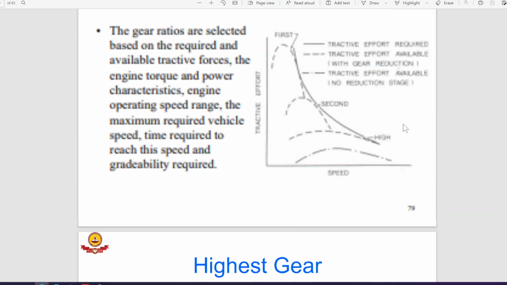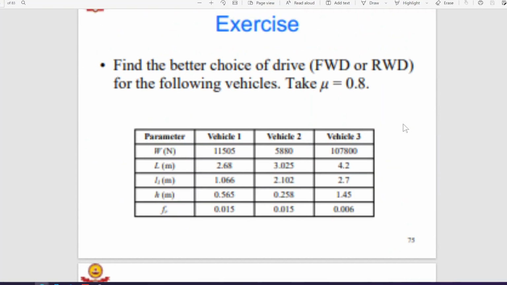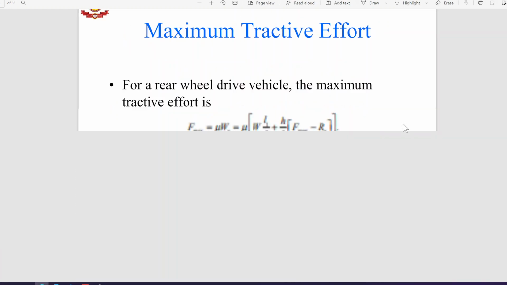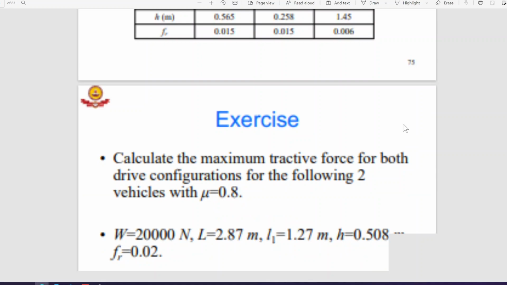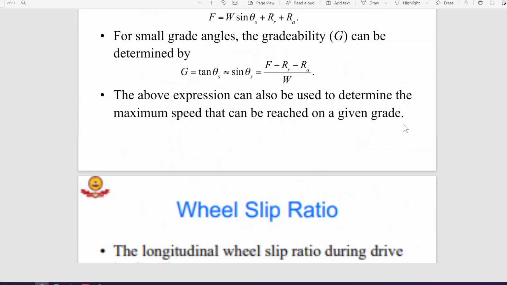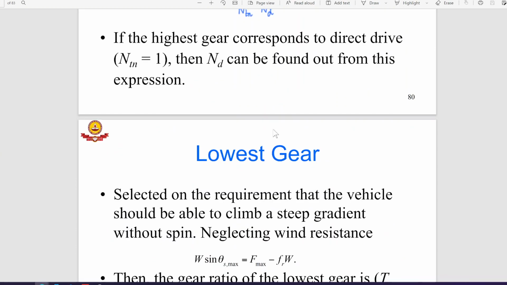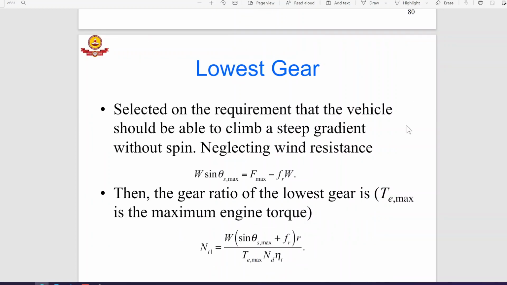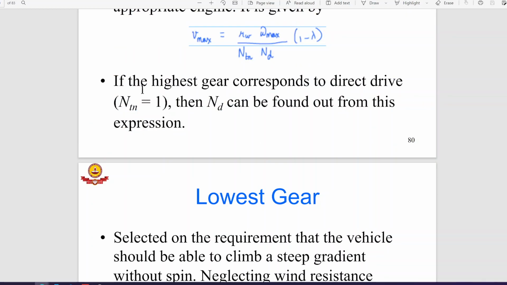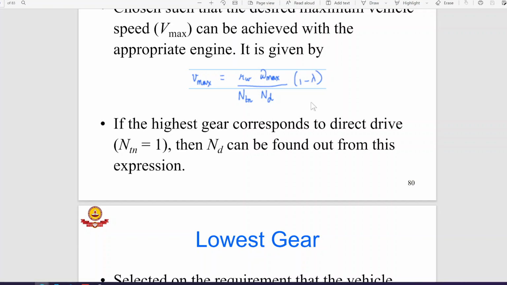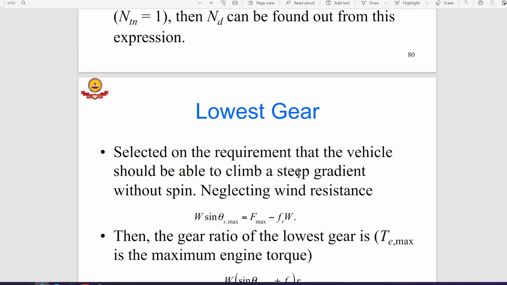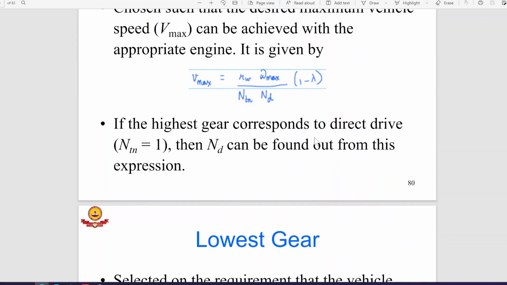Okay. So let's go a little more up. Okay, this is what we discussed, right? Tractive forces and all. So if we put NTN equals 1, right?